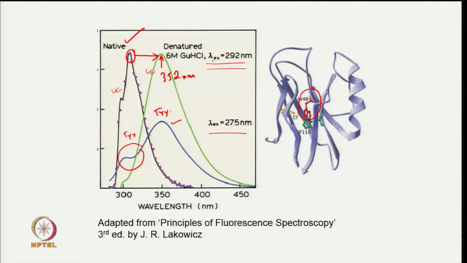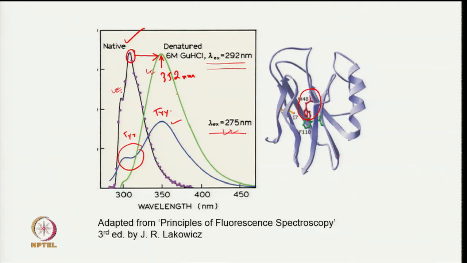When you excite the tryptophan at 292 nanometer, you get these two curves. This is for native, this is for denatured. Denatured means again tryptophan is completely exposed, this tryptophan 48 is completely exposed.